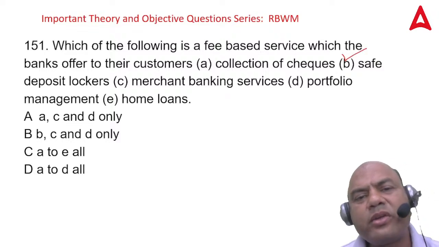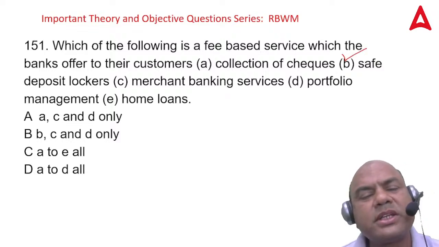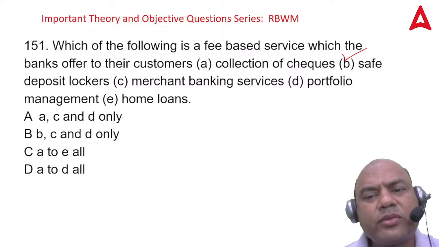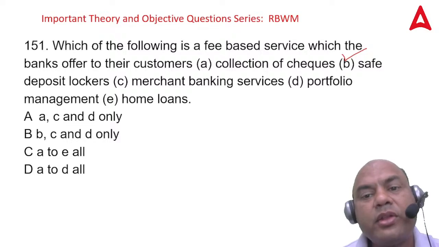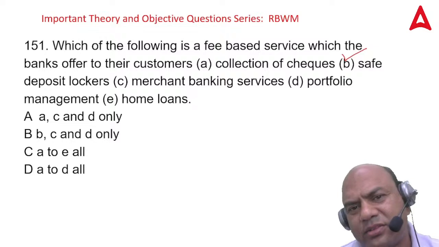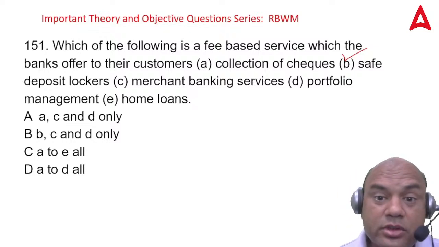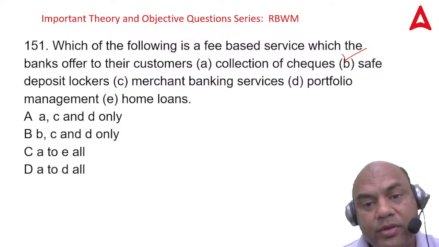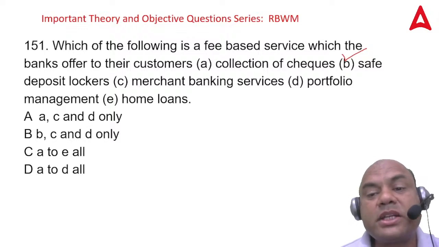Collection of checks, where do we take the money from that customer? Suppose I send a check for collection, do I take a charge for clearing that money? No, but for outstation checks we do take. But are there outstation checks now? That is also a point. As per your book, collection of checks means outstation checks.